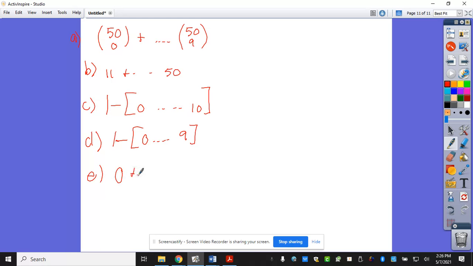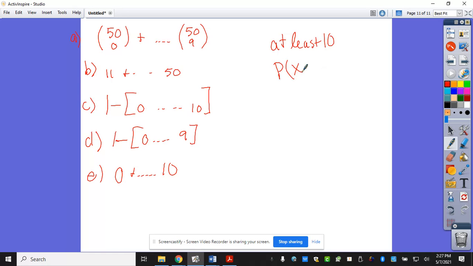And E is 0 through 10. So this one says a 12-sided die has faces numbered 1 to 12. Assuming the die is fair, which of the following would give the exact probability of getting at least 10 threes out of 50 rolls? So how do I write that?